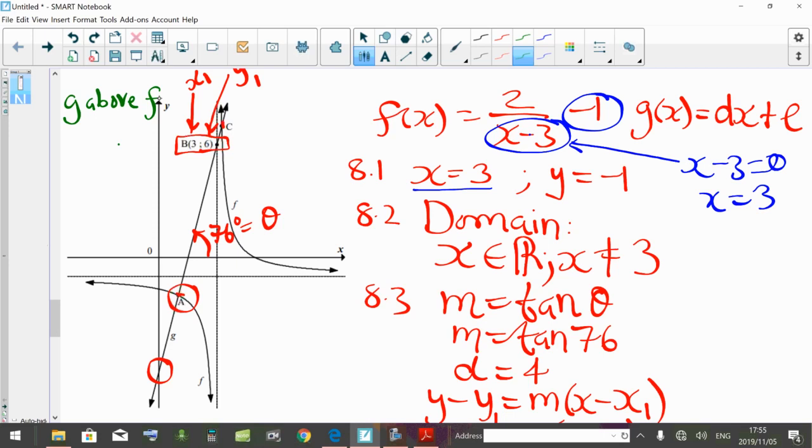And sometimes it helps me to introduce some colors here. There is my F, which is blue. And there is G, which is green.